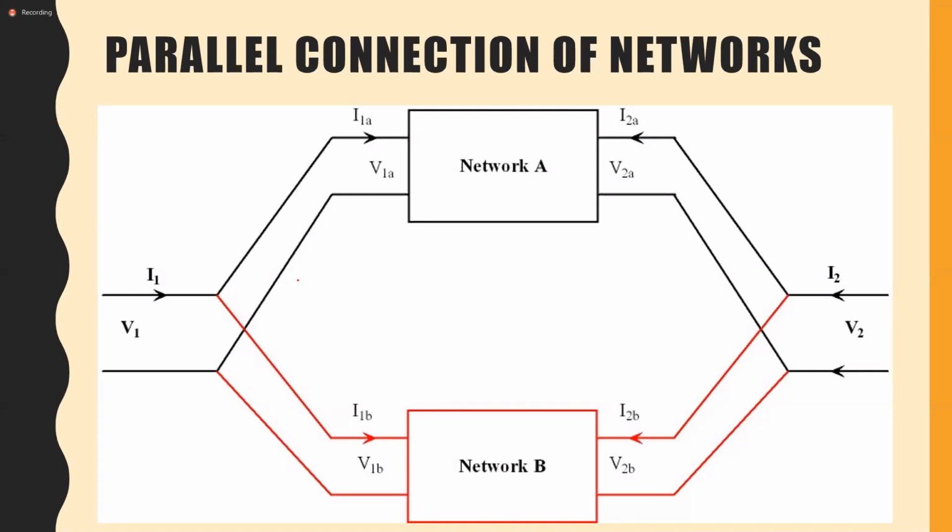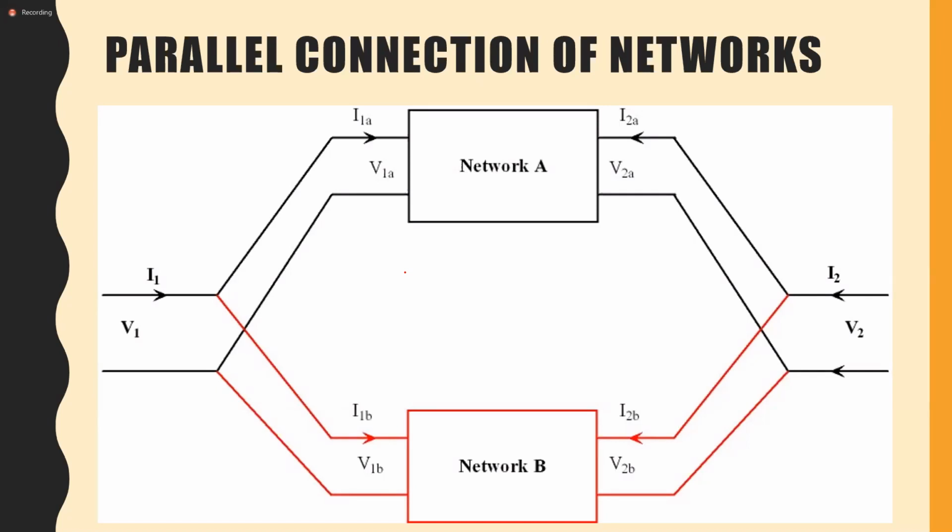How do we analyze networks that are connected in parallel? Now, before we even get to how we analyze them, one of the things we want to establish is how do we identify that they are in parallel?